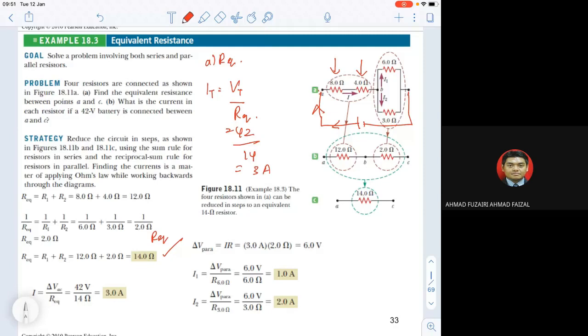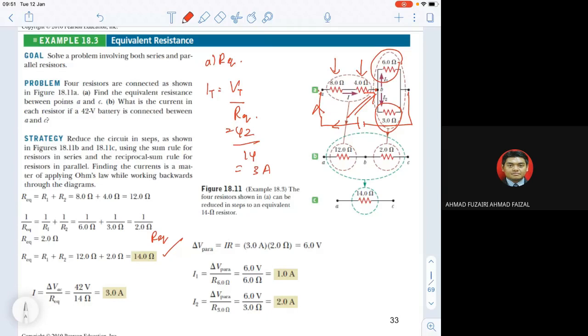But for 6 and 3, originally it is a parallel circuit, so you need to make sure the current also flows to the 6 ohms and the 3 ohms.